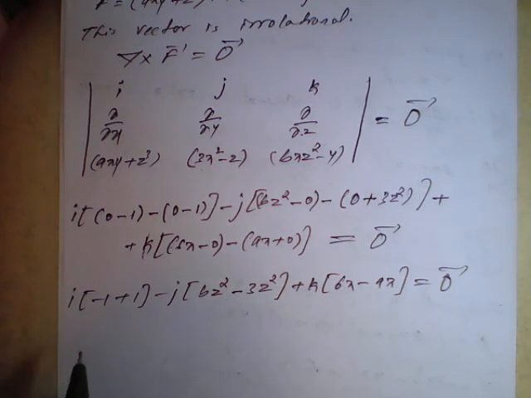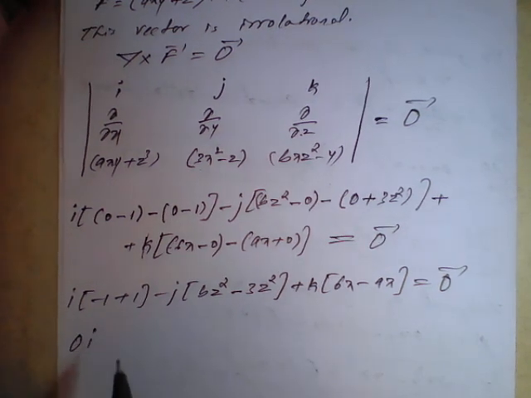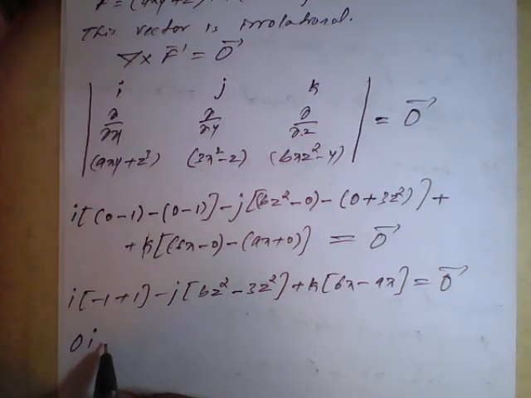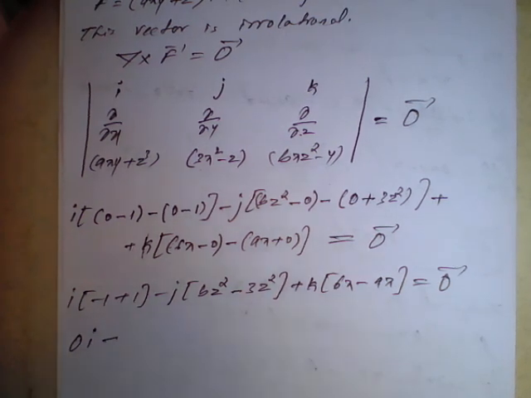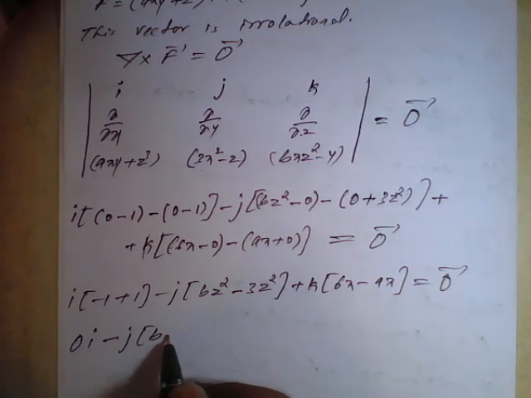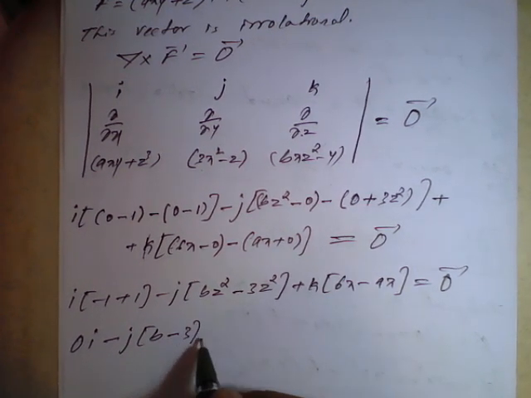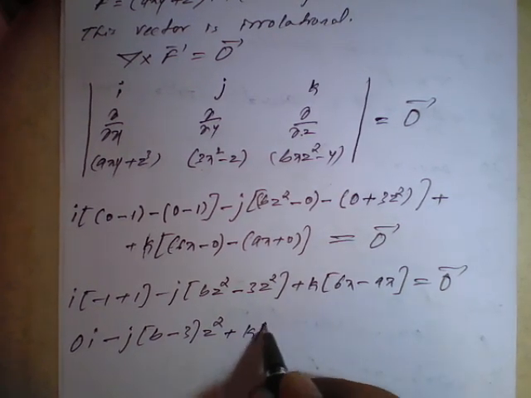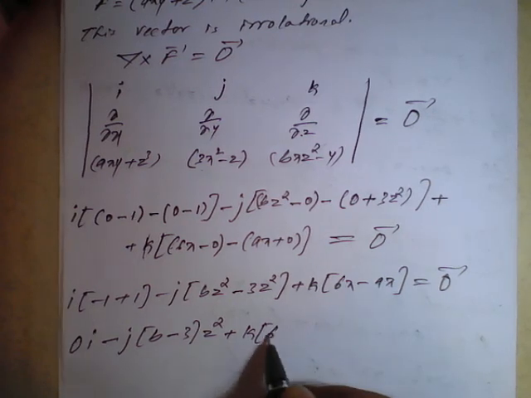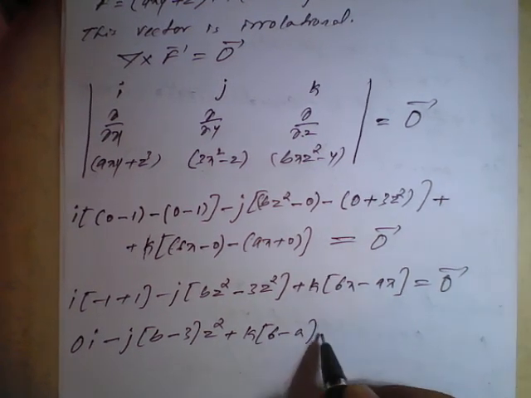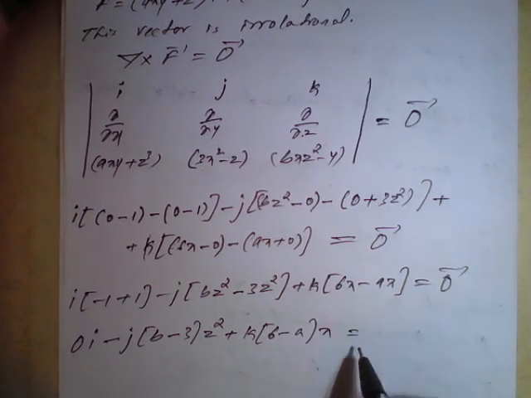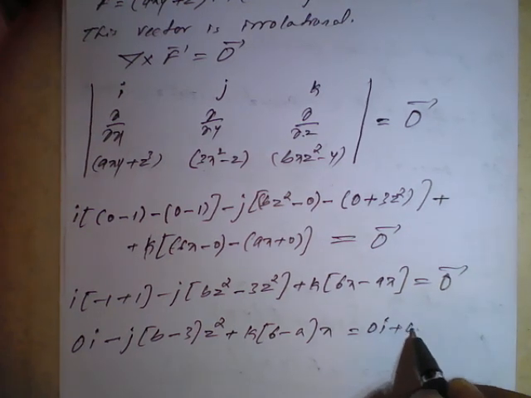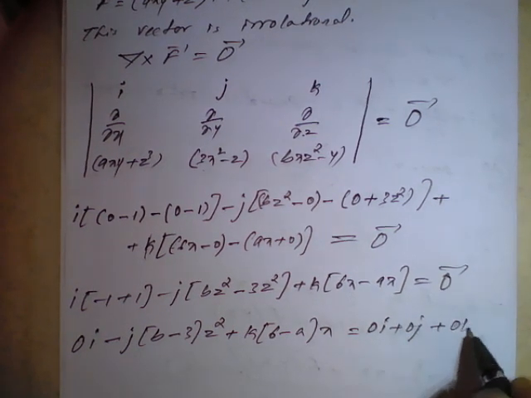So therefore it is 0 times i minus j times, taking z square common, (b minus 3) z square, plus k times (6 minus a) x, taking x common, equal to 0 vector, which we write as 0i plus 0j plus 0k.